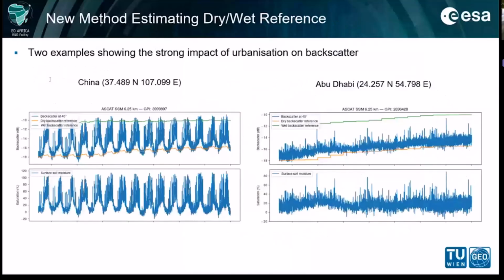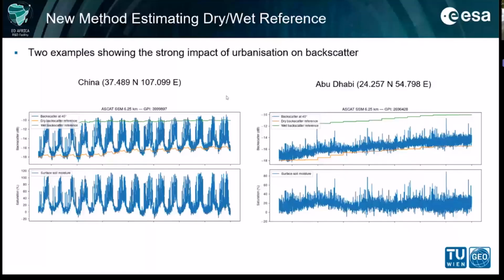I will now show you two examples of extreme land cover changes. The pixels that have been affected most are cities that have grown over the last years that are situated in desert environments.